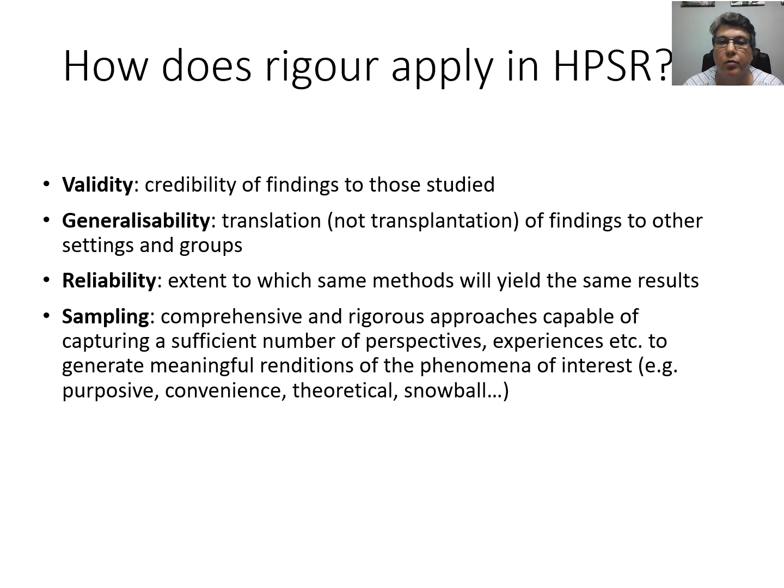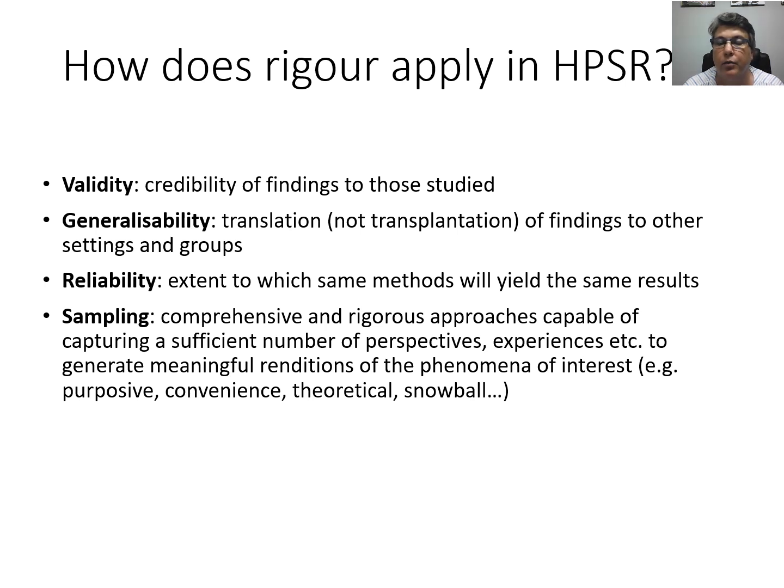And then, of course, we have to consider our sampling processes. In this paradigm of research, we apply comprehensive and rigorous approaches in order to ensure that we capture a sufficient number of perspectives, experiences, etc., in order to generate meaningful renditions of the phenomena of interest.